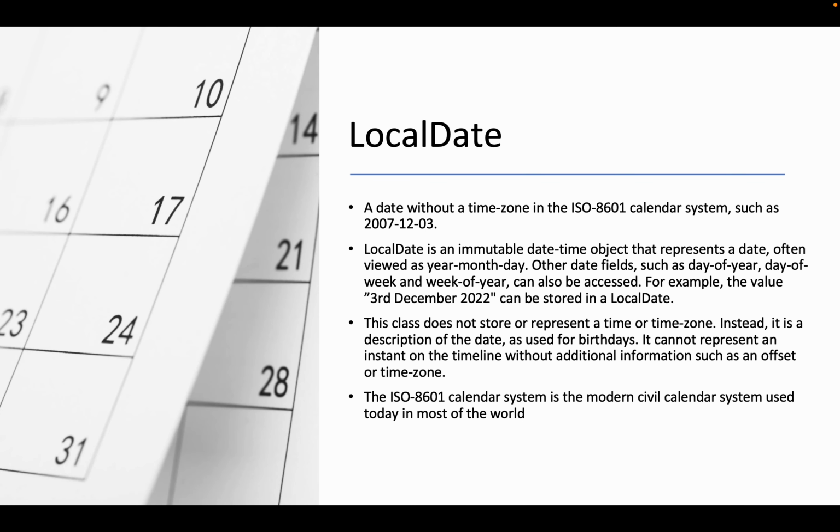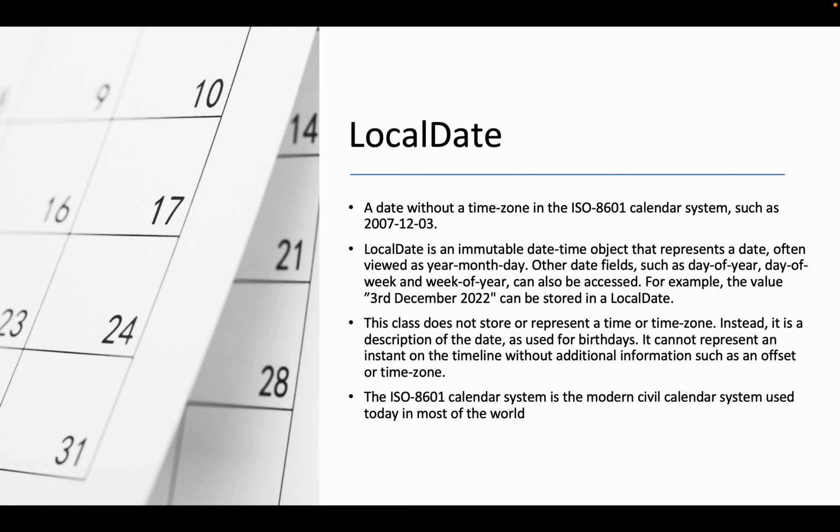So what is a LocalDate? A LocalDate is a date without a time zone in the ISO 8601 calendar system, such as you see there, 2007, December the 3rd. A LocalDate is an immutable DateTime object that represents a date, often viewed as year, month, day. Other date fields such as day of the year, day of the week, and week of the year can also be accessed.